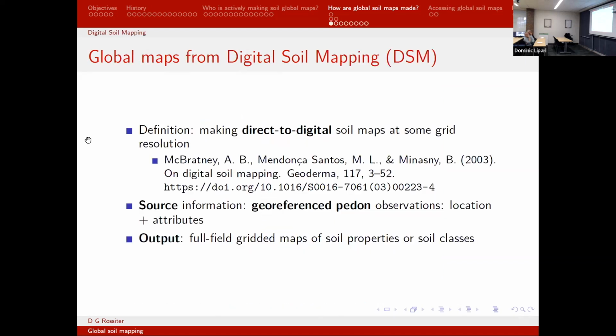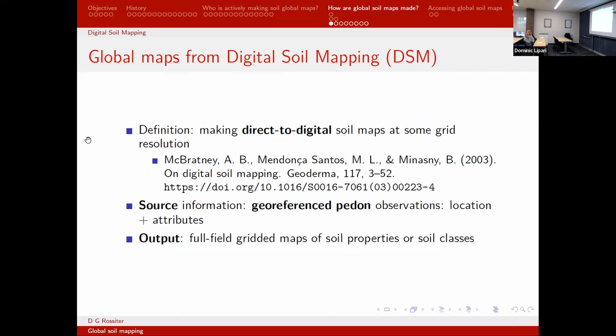So the more common method now that's used very widely is a digital soil map. The concept here is to go direct to digital. So we're going to make a digital map from the beginning, only knowing from our points.